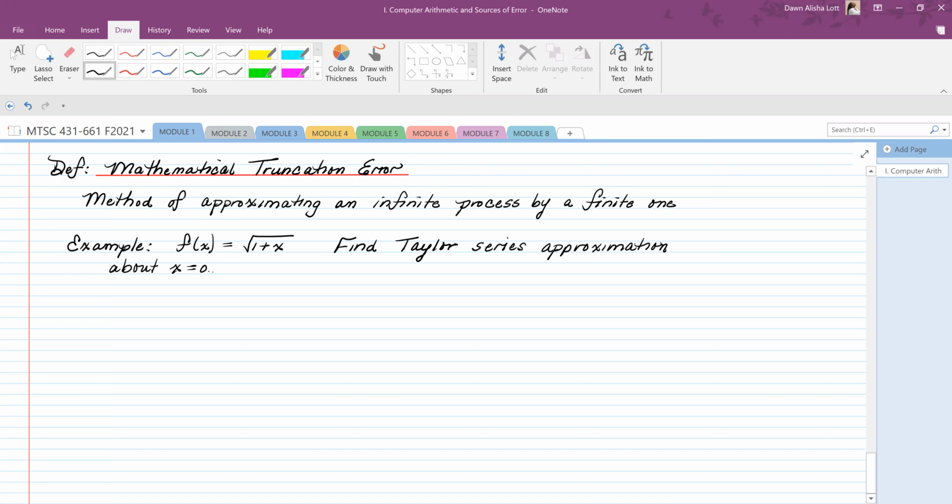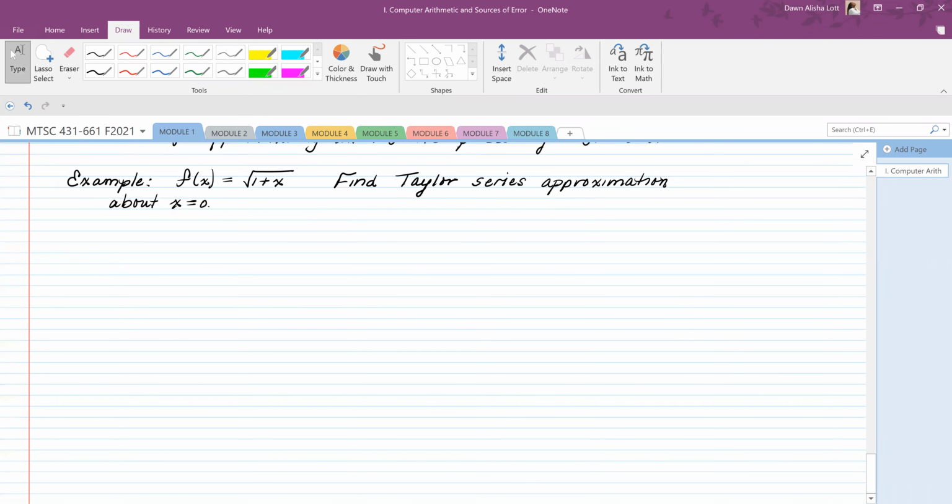Does anybody know what the special name is when you have a Taylor series about x equals 0? It's called the Maclaurin series. That is correct.